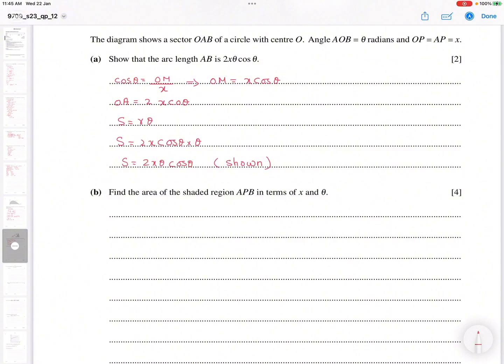Find the area of the shaded region APB in terms of x and theta. Okay.